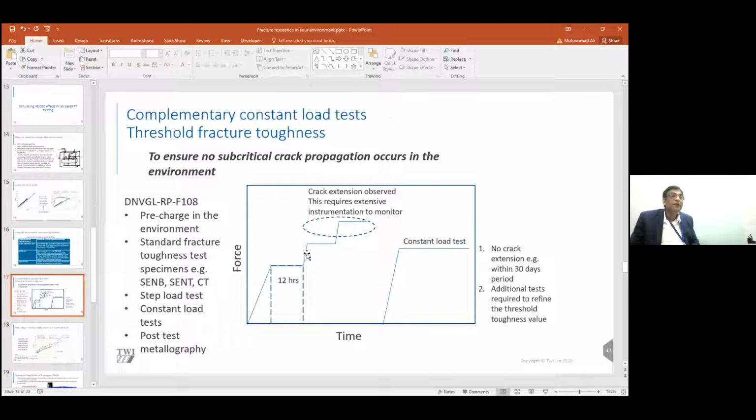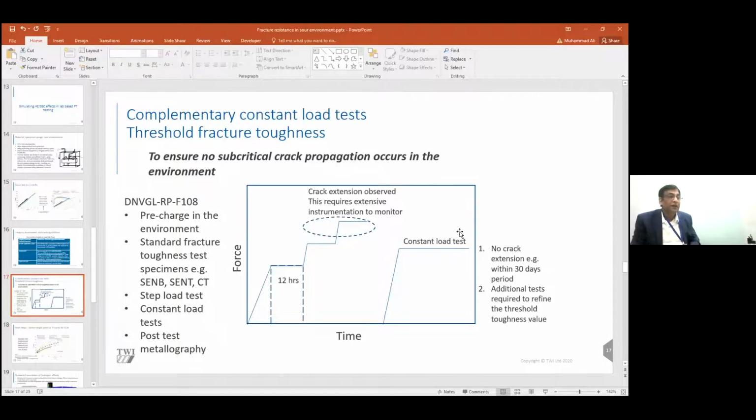If no, then step it up until you see a crack extension, and then use the data from initiation to the end and define a threshold level and also a threshold stress intensity factor at which no crack extension occurs under sustained load. A simplistic way to do this test is a constant load test. Now DNVGL RP 108 provides guidance on these two tests.